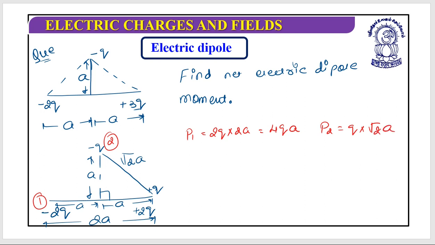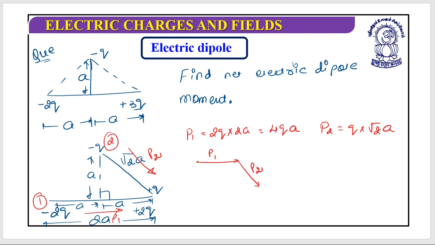Now let's find out the direction of the first dipole, from negative to positive. This is p1, and the direction looks like this. And the direction of the second dipole would look like this. This is p2.